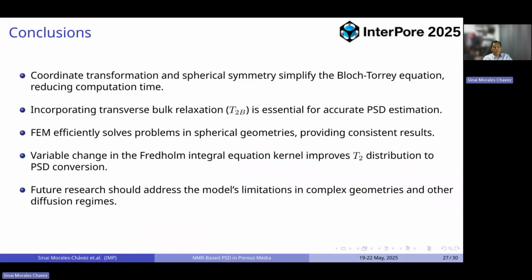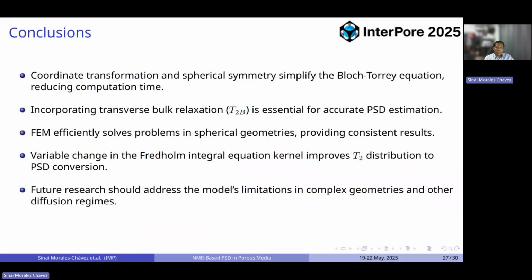To summarize the main conclusions of this work, first, we showed that assuming spherical symmetry and performing a coordinate transformation can significantly simplify the Bloch-Torrey equation, allowing for faster and more efficient computation. Second, we demonstrate that explicitly incorporating transverse bulk relaxation is critical for obtaining accurate pore size distributions.